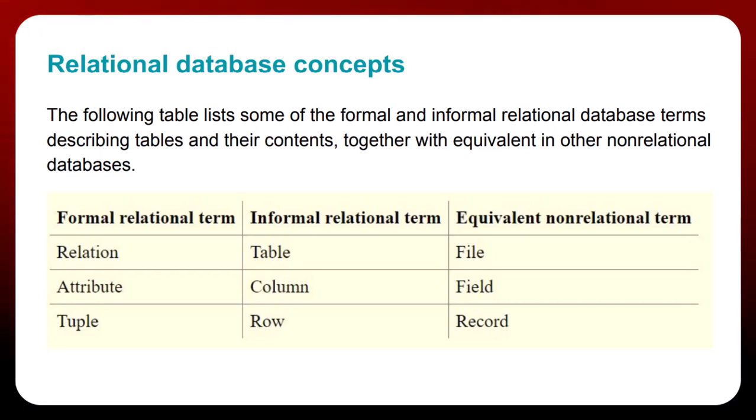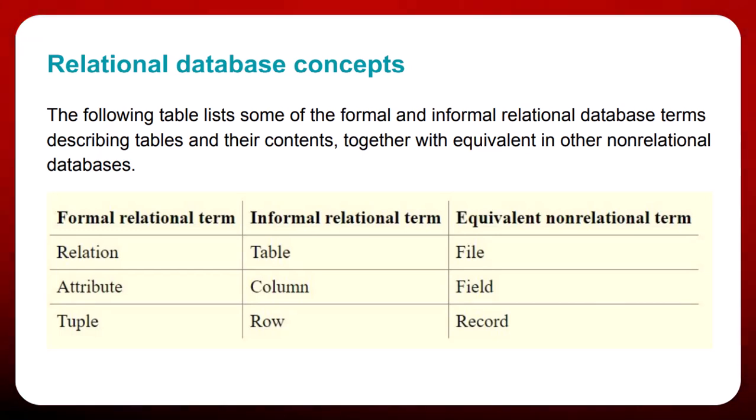Okay, so the formal terms for relational are relation, attribute, and tuple, but in informal relational terms, relation would be table, attribute would be column, and tuple would be row.